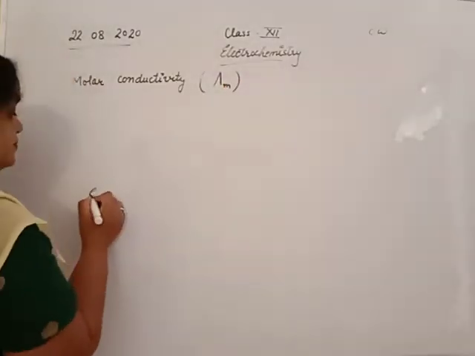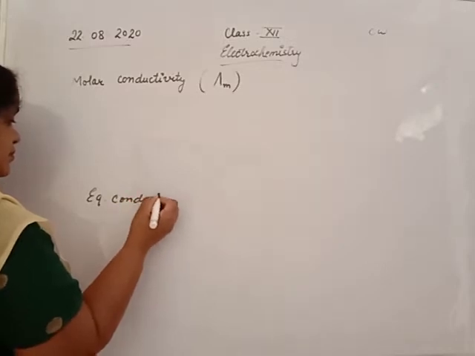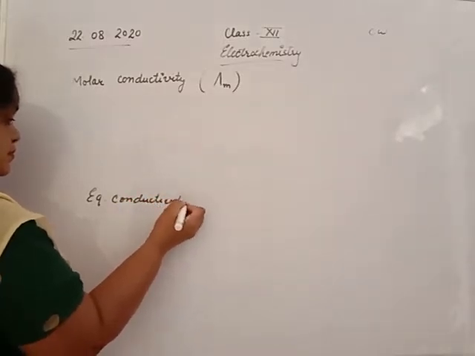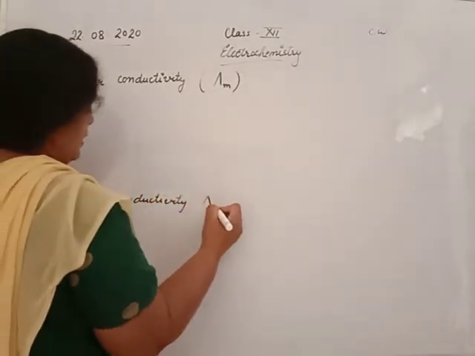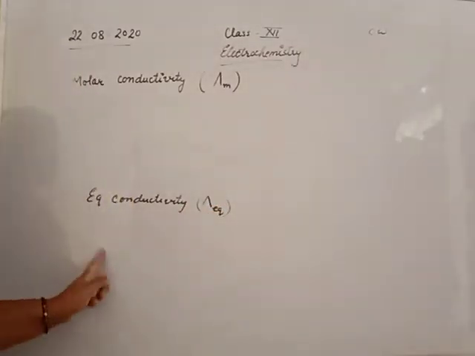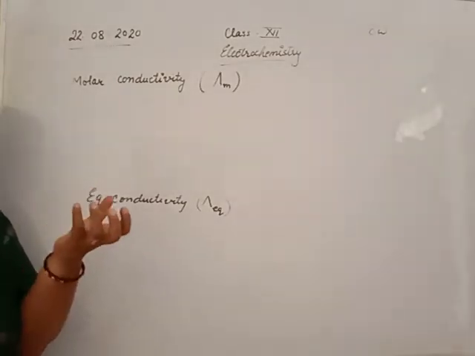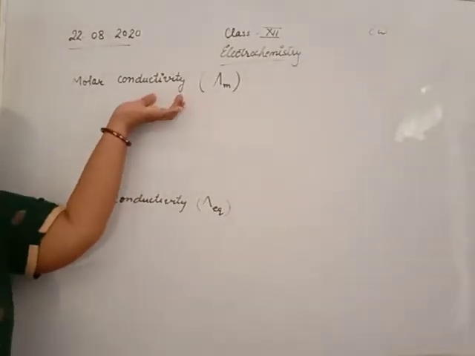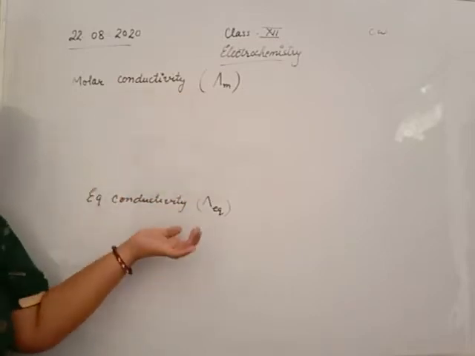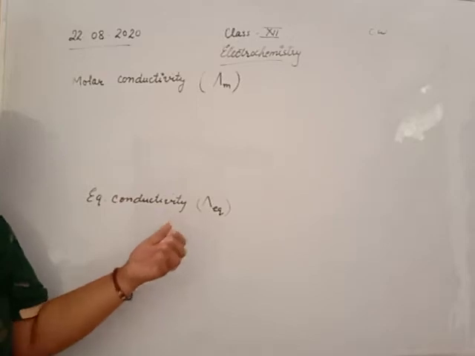Equivalent conductivity is represented by lambda eq. Both definitions are similar. If we use the amount of substance in moles, then it is molar conductivity. If we use the electrolytic solution in gram equivalent, then it is equivalent conductivity.